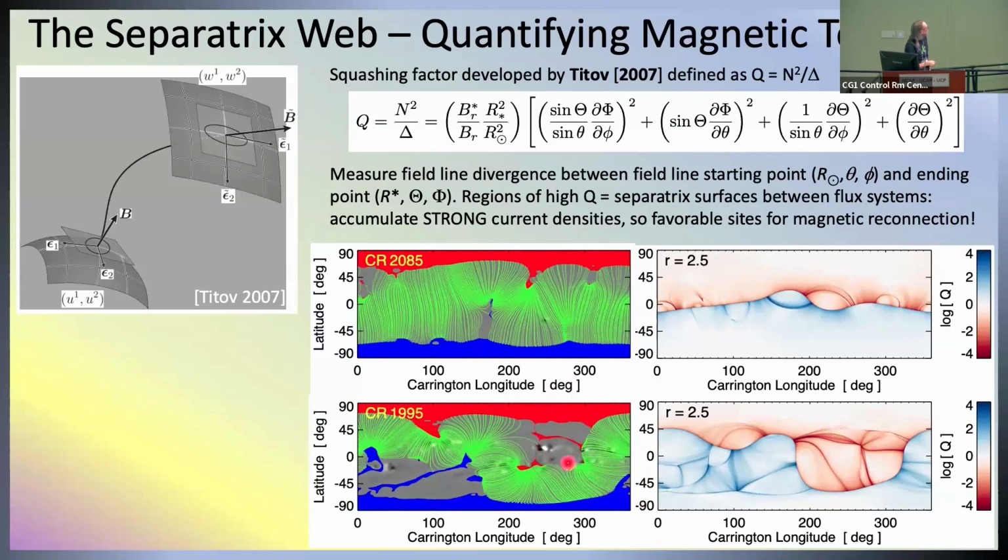So there's a whole mess of these narrow open field corridors down here, and that's generating all of these arcs. So there are big changes in connectivity associated with being mapped back to these pseudo-streamer regions.